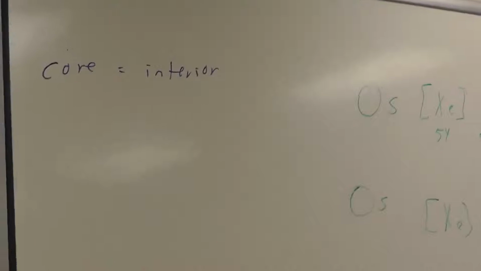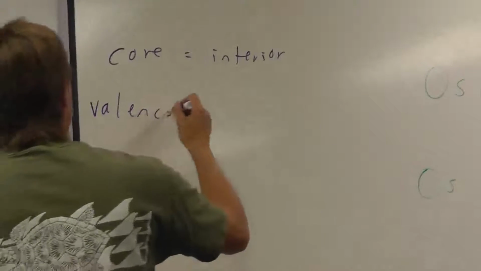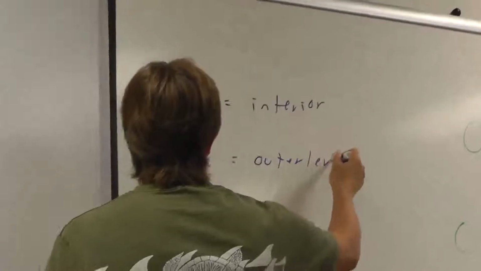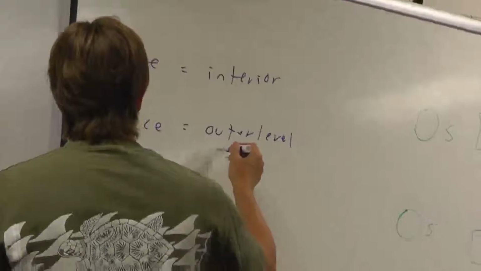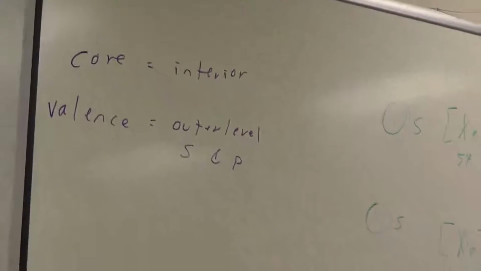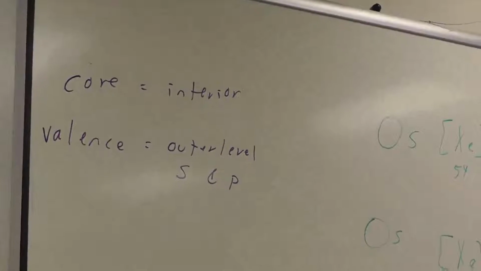The ones that you are absolutely certain will not react. There's another category called valence. And these are outer level S and P electrons. And that's the other extreme. Those are the ones that you are absolutely certain will react.